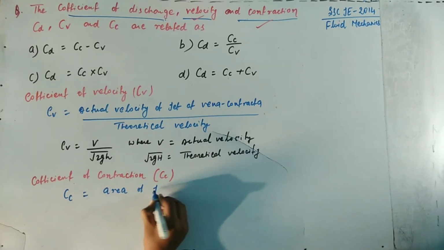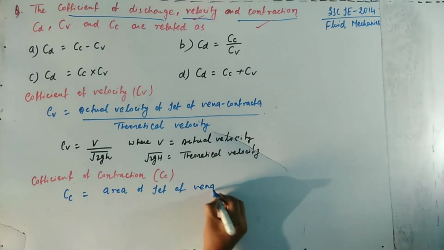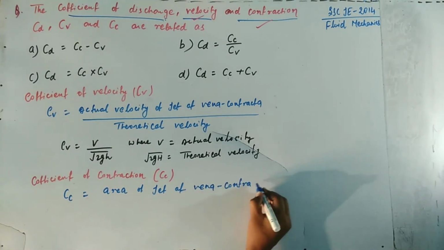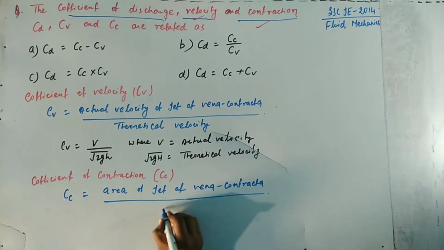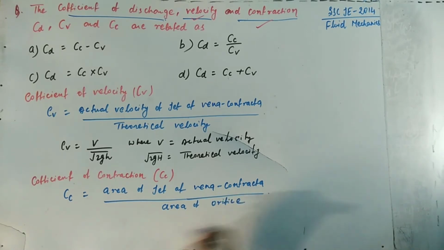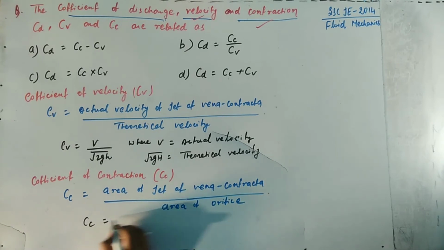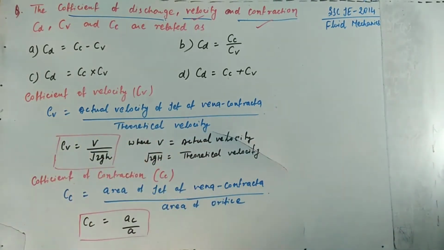That is, CC equals area of jet at vena contracta by area of orifice, or we can say it is the ratio of actual area by theoretical area. CC equals AC by A, where AC is the area of jet at vena contracta and A is the area of orifice.